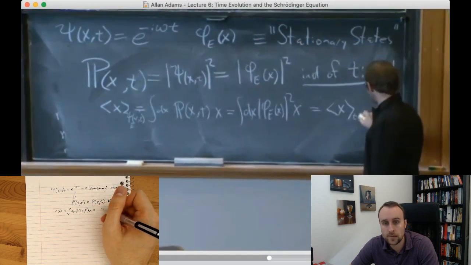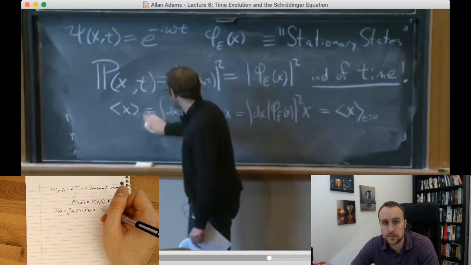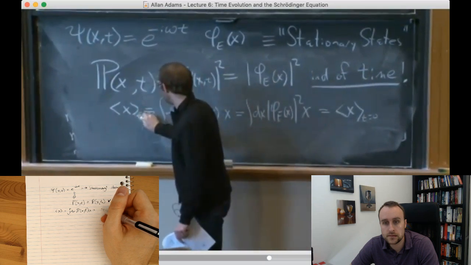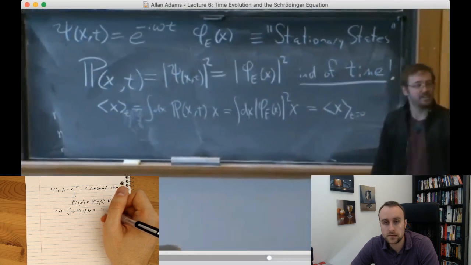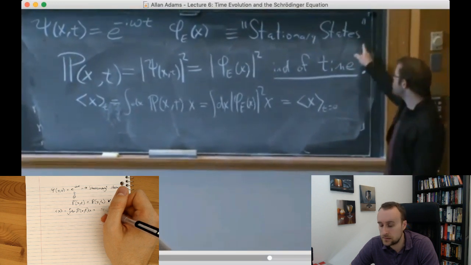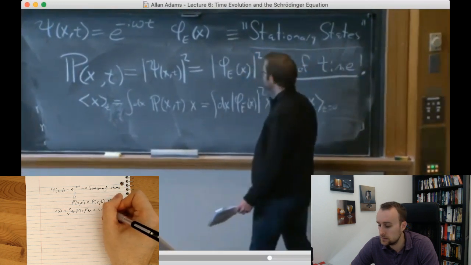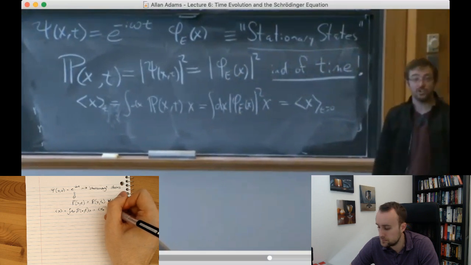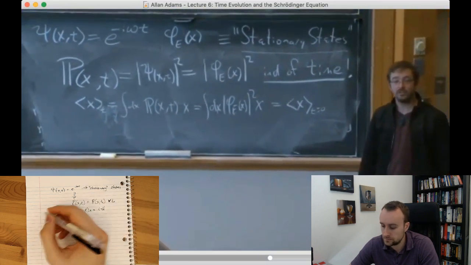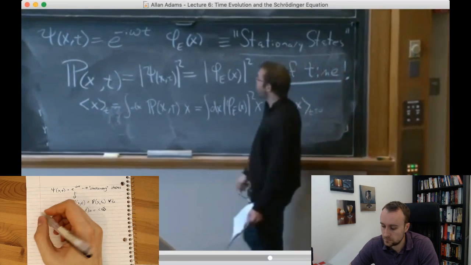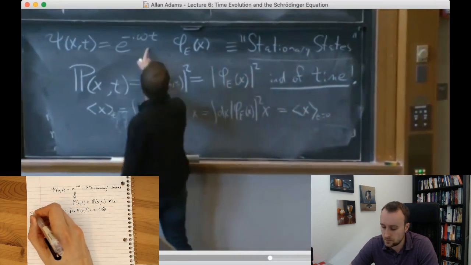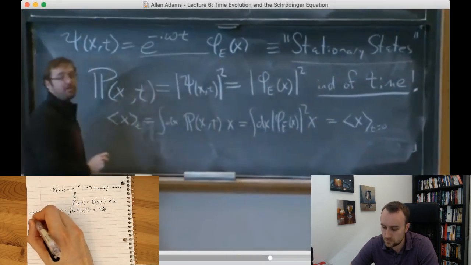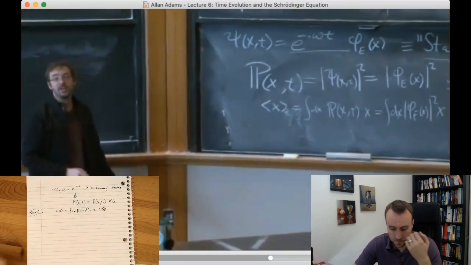So the expectation value of x doesn't change. In a stationary state, expected positions, energy, these things don't change. Everyone cool with that? And it's because of this basic fact that the wave function only rotates by a phase under time evolution when the system is in an energy eigenstate.